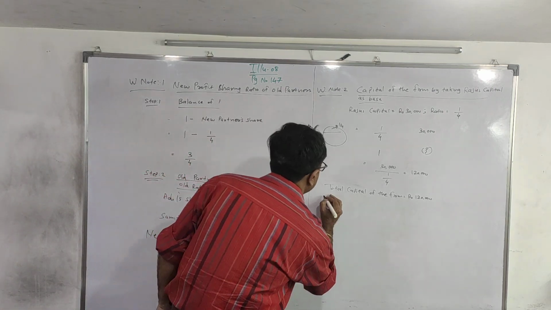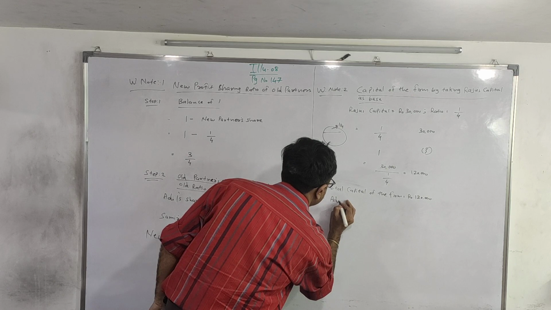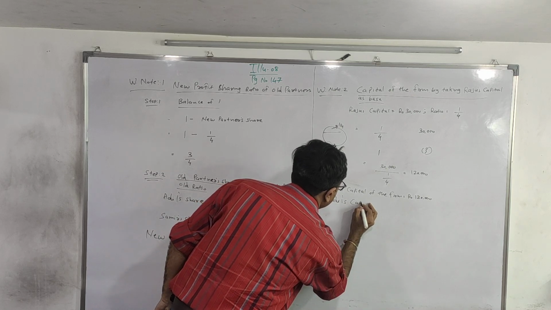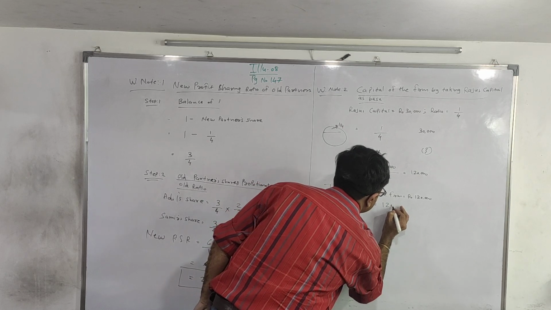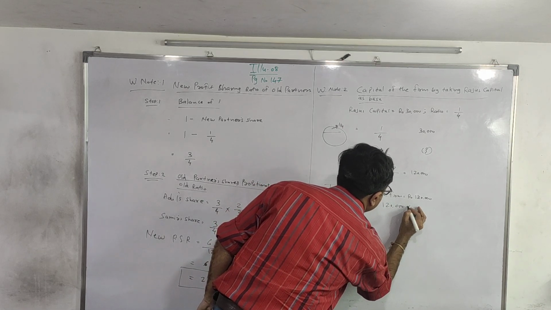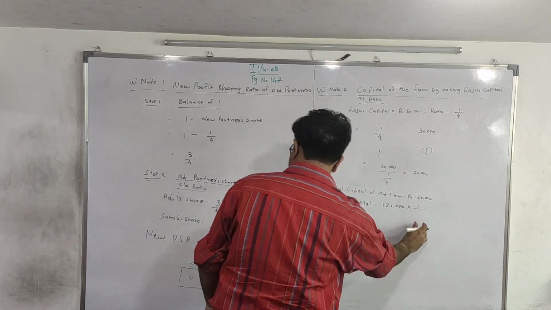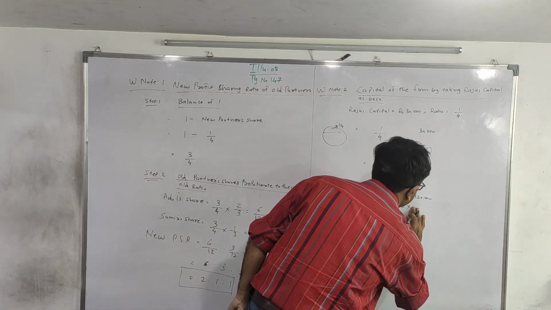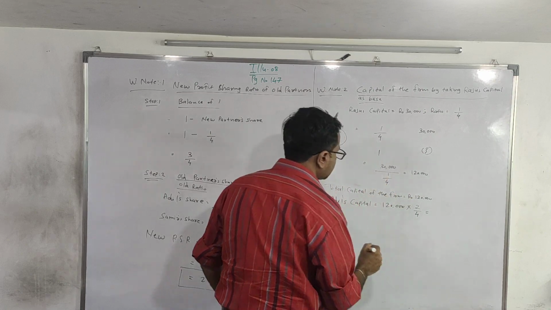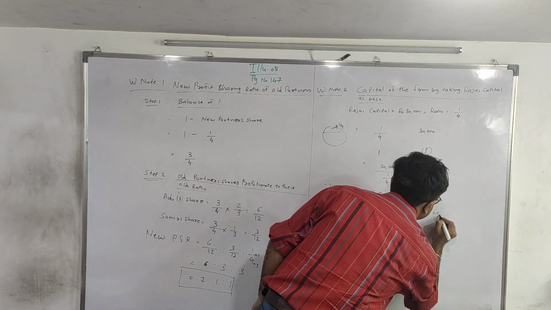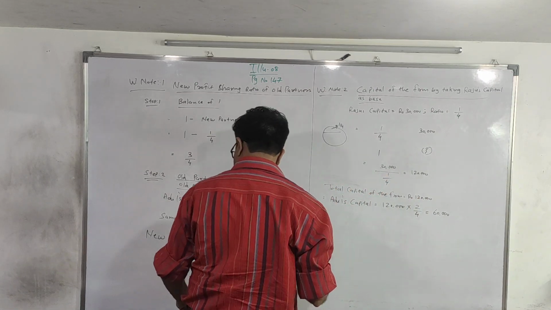So for Adil's capital, 1,20,000 into 2 upon 4, which is equal to 60,000.